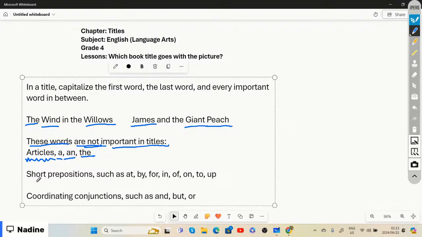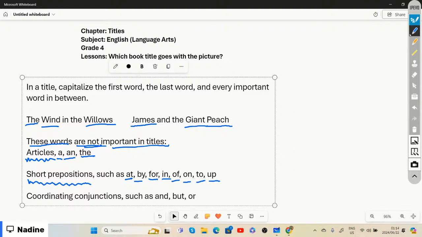And also words that are not important are short prepositions. Short prepositions are words like at, by, for, in, of, on, to, and up.